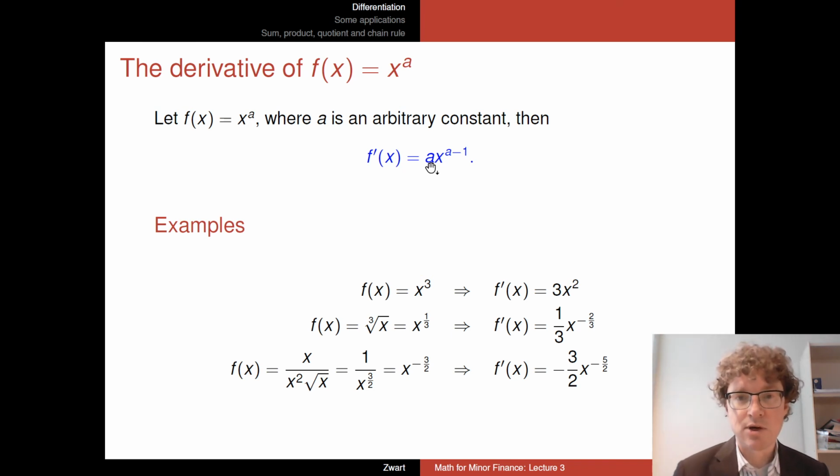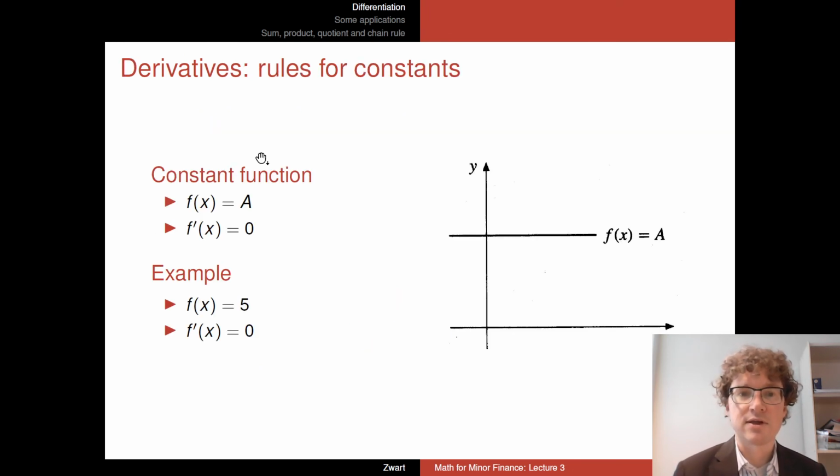I put the 0 in front, times x to the power minus 1, but 0 times x to the power minus 1 is actually 0. So the derivative of the function f(x) equals 1, which is the same thing with a equals 0, is actually 0. We have that here, a constant function.